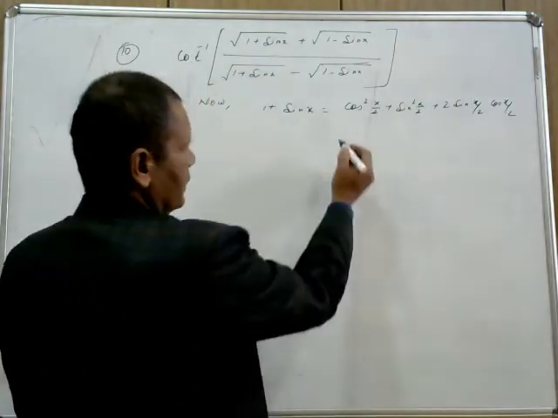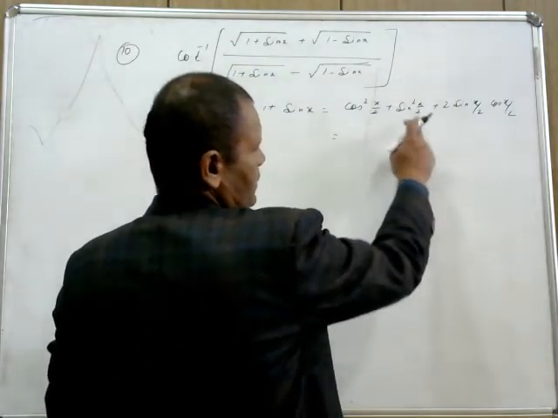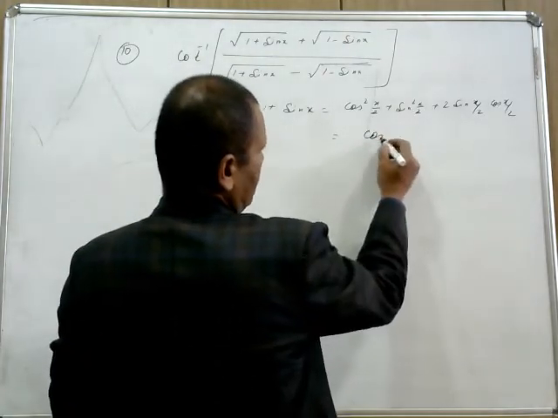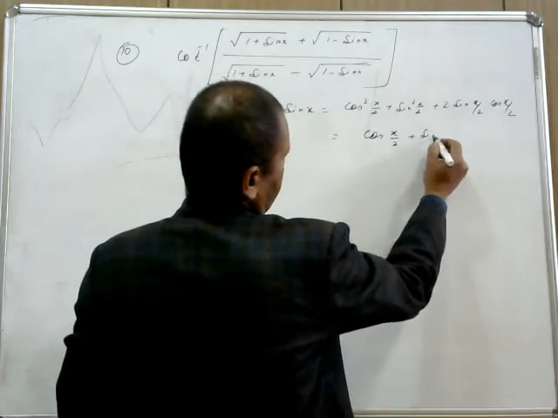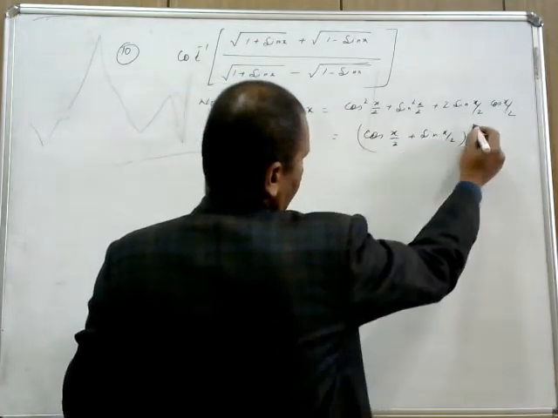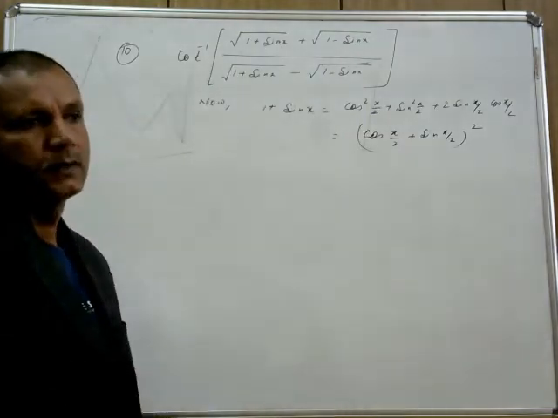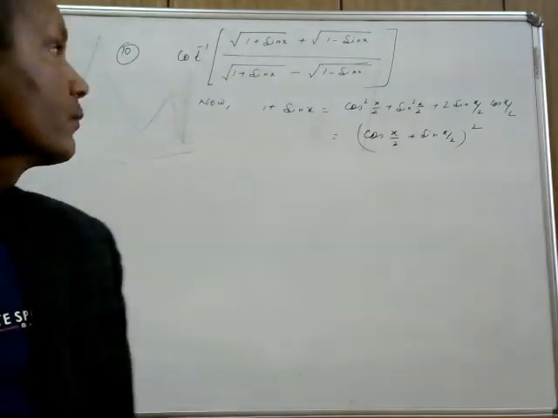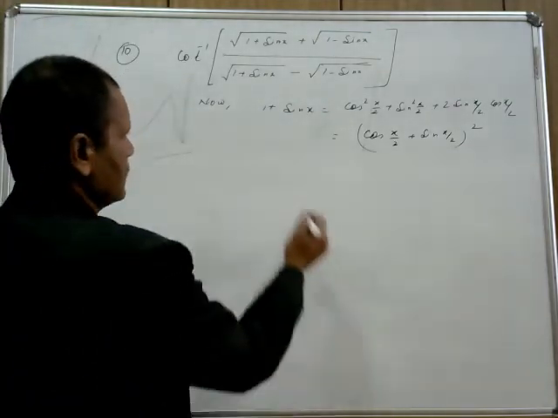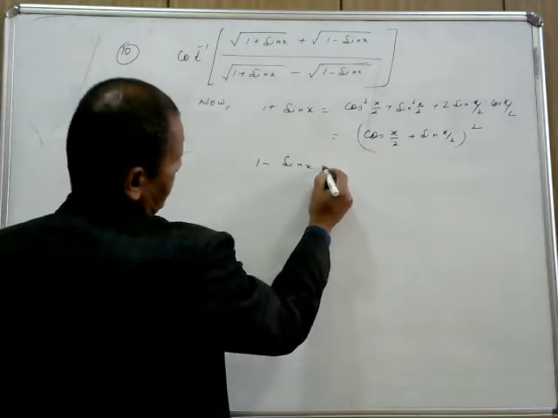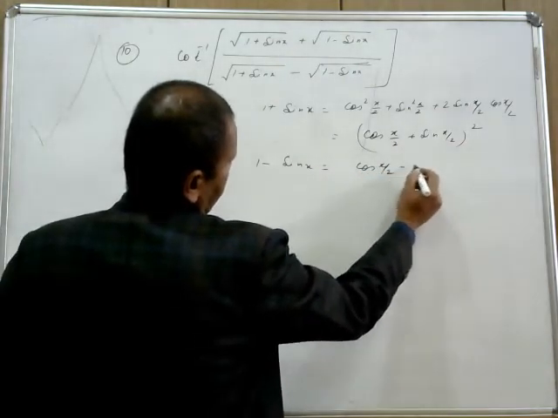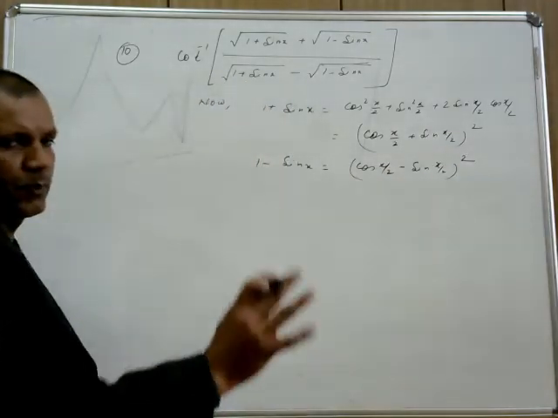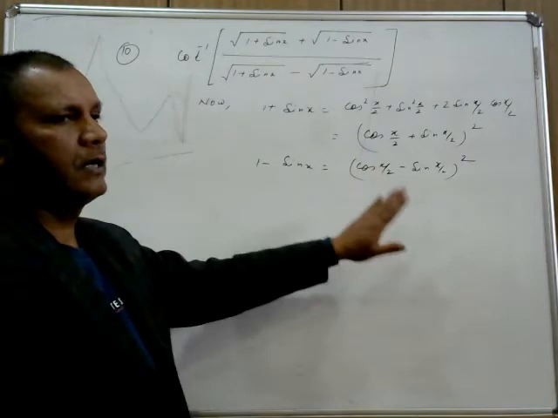Now if you see carefully, I can write this as cos x by 2 plus sin x by 2 whole square. Yes or no? Similarly, for 1 minus sin x, I can write cos x by 2 minus sin x by 2 whole square. This property and this trigonometric formula we are going to use over here.